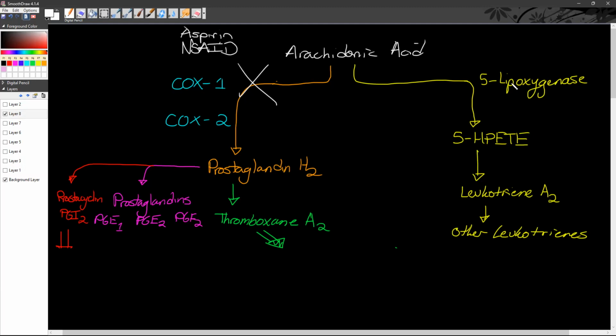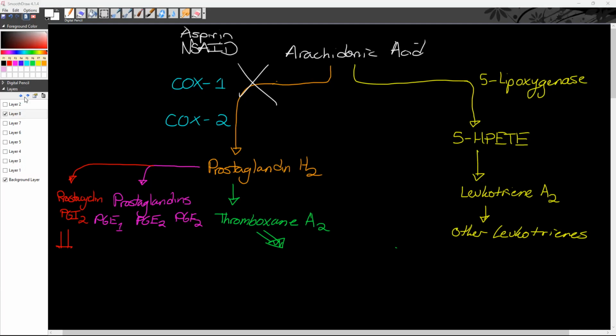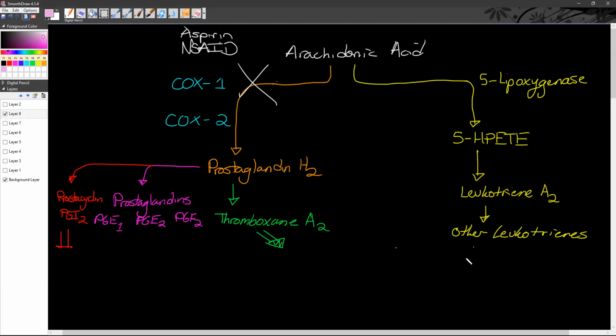Which means that more arachidonic acid is going to be shunted through the 5-lipoxygenase pathway, and you are going to increase leukotriene production. Leukotrienes are associated with asthma exacerbation.